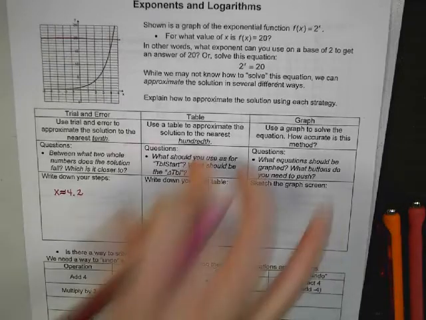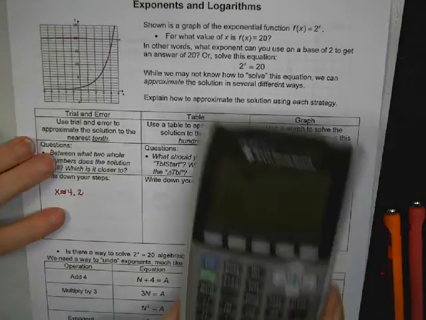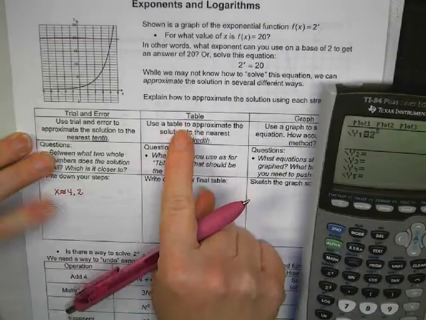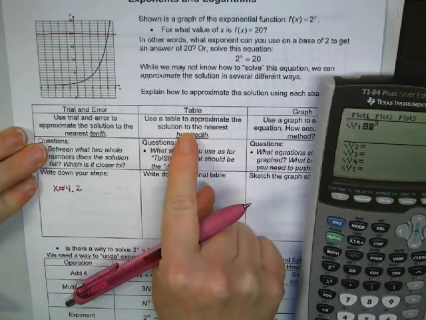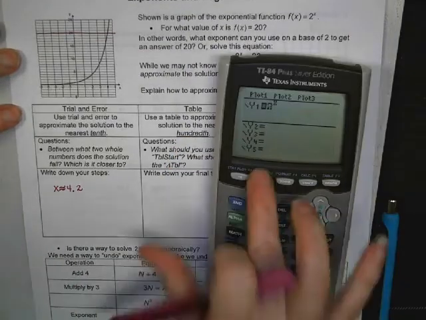Okay, so then they say we could use our table. I'm going to go to y equals and plug in 2 to the x power. They said use a table to approximate the solution to the nearest hundredth. How many decimal places is hundredths? 2. So I'm going to go to table settings.